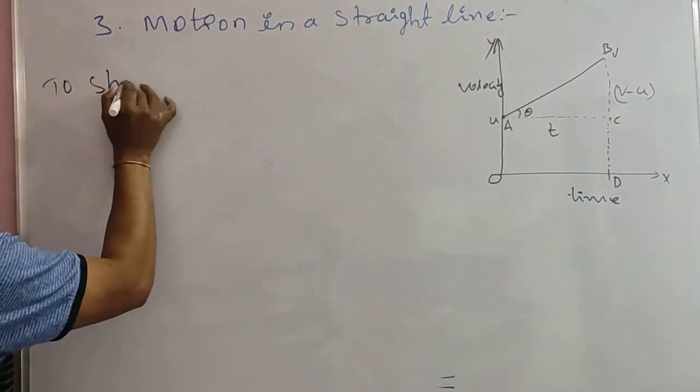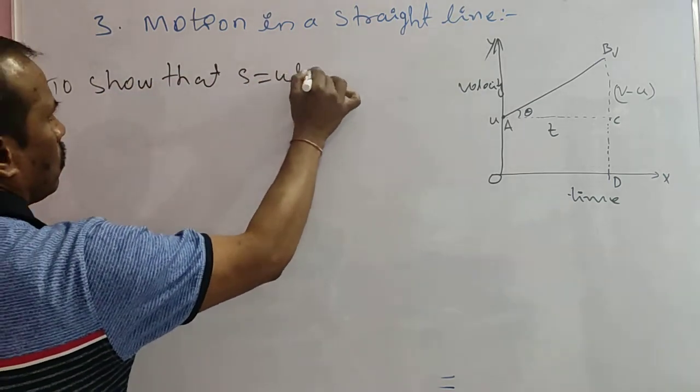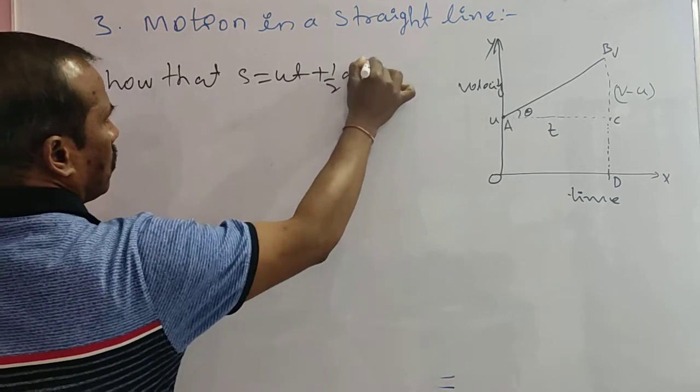To show that S is equal to UT plus half AT square.